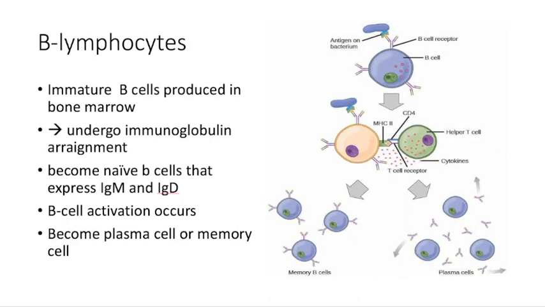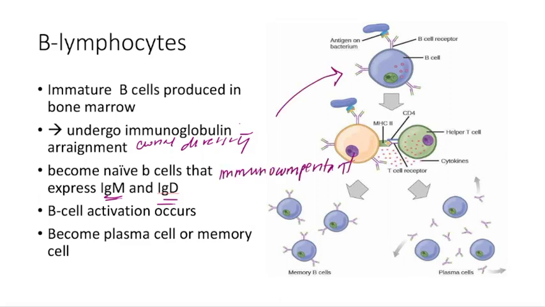Okay, next up is the B lymphocytes. So these are immature B cells produced in the bone marrow. They still remain in the bone marrow for differentiation and undergo immunoglobulin rearrangement, clonal diversity. They become the naive B cells. We have those B cell receptors, and they will express IgM and IgD. So the naive B cells or immunocompetent B cells, they will encounter an antigen for the first time.